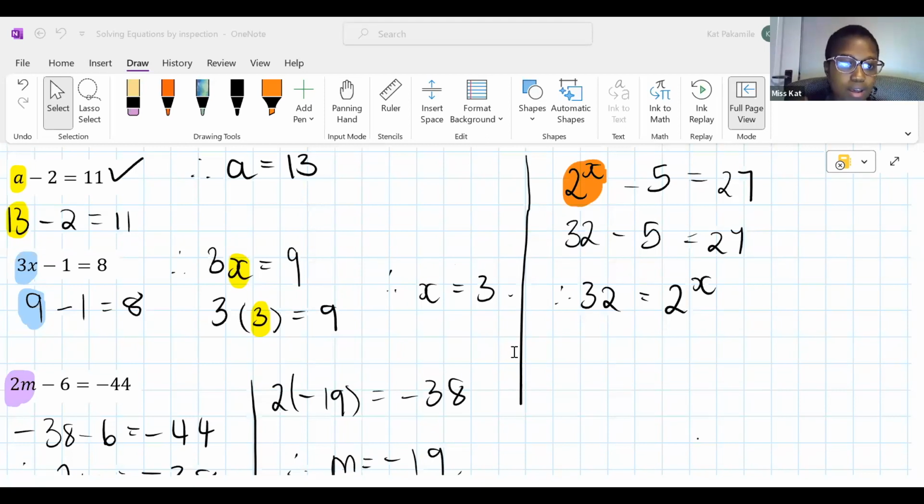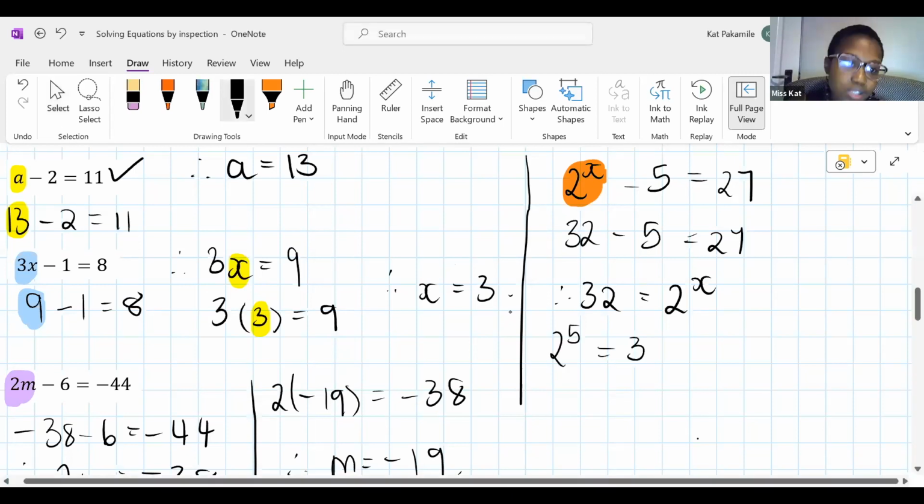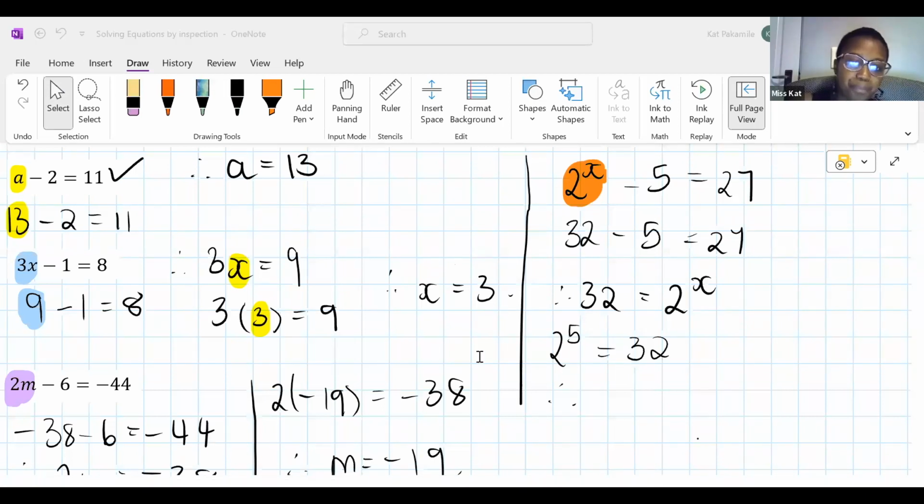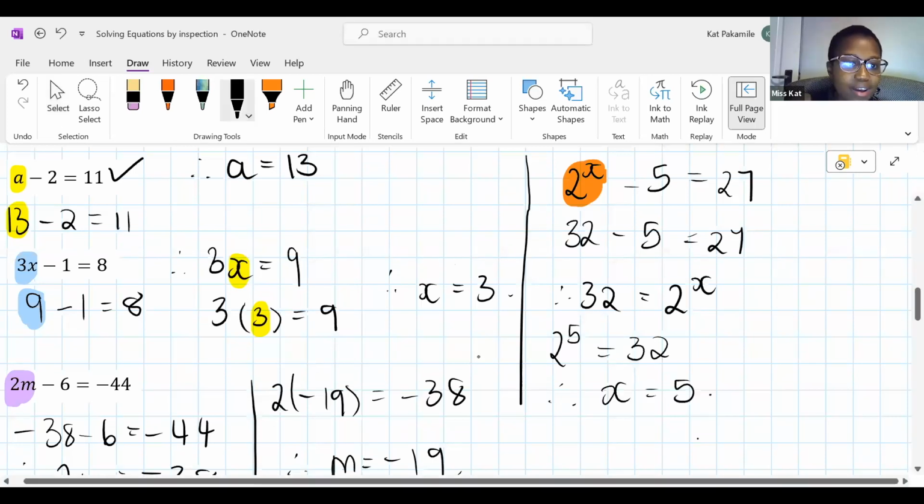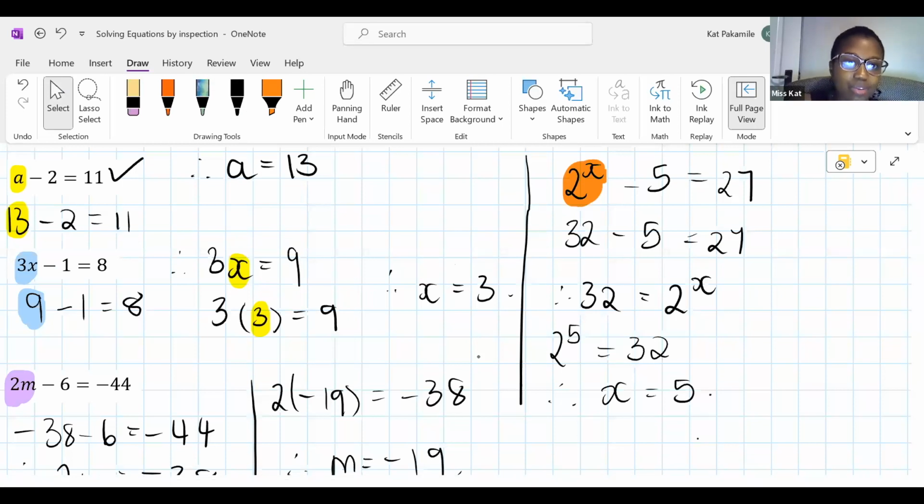Now we need to know our powers. 5. 2 to the power of 5 will give you 32. Therefore, x is equal to how much? Yes, x equals 5. Nice, guys. I think that was a refreshing one.